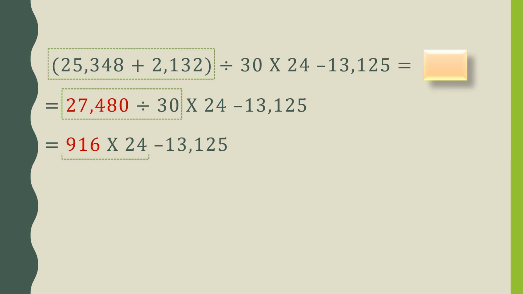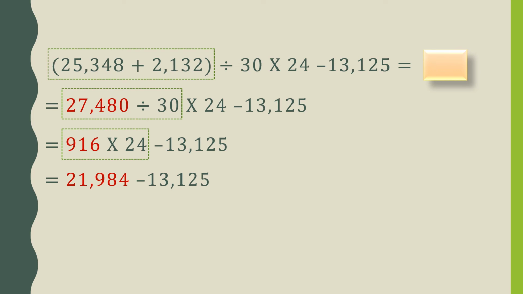So we will do 916 times 24. And the answer is 21,984. Then we will copy minus 13,125.